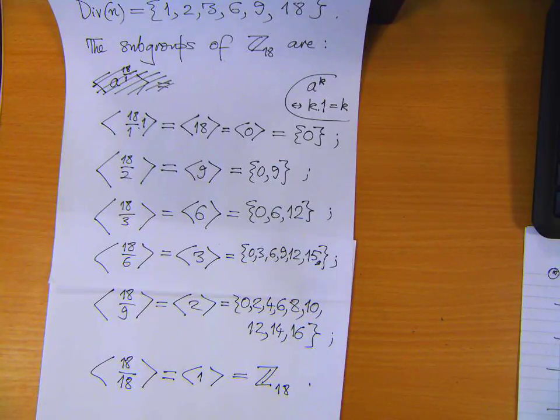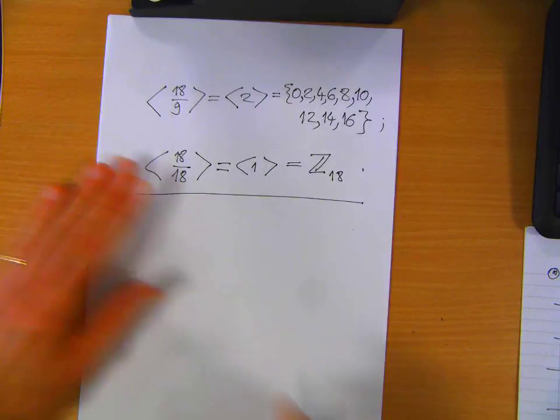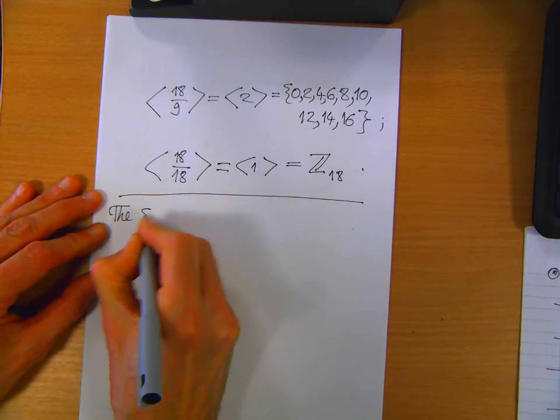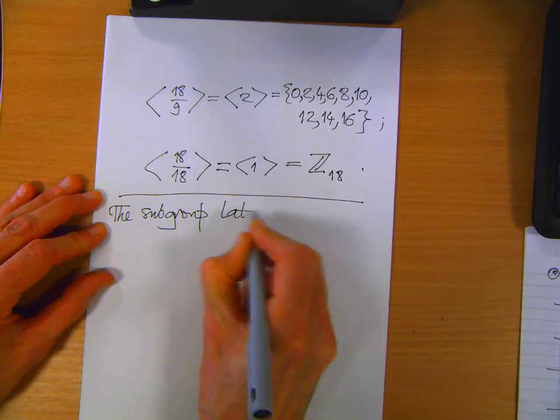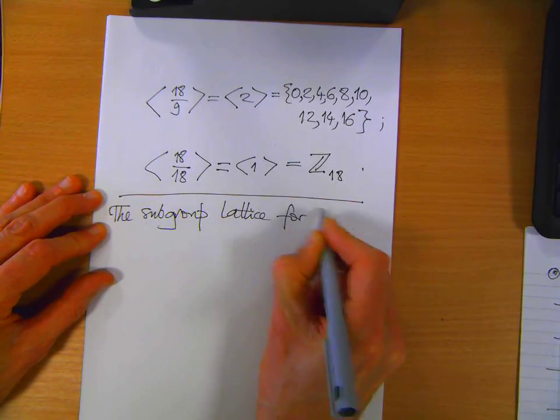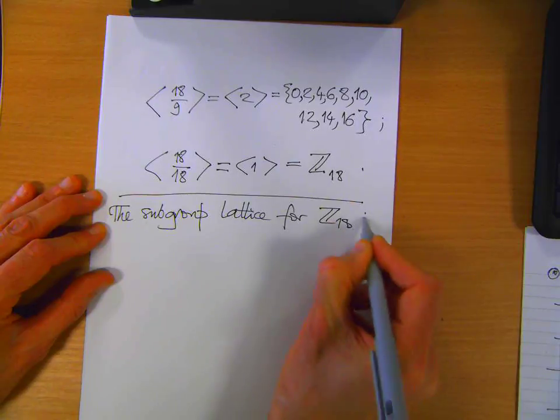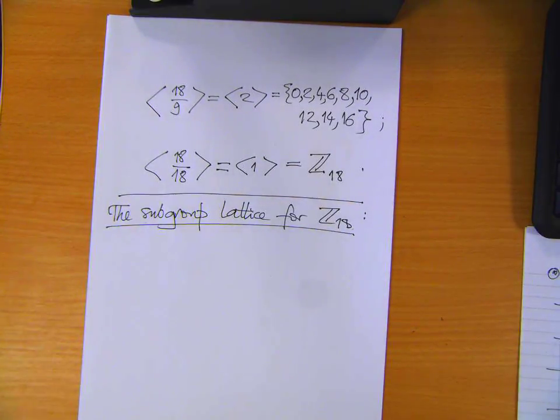And one nice thing to do, as we've done before 2 or 3 times, is to fit these subgroups into a diagram, which is sometimes called the subgroup lattice. So let me try and do that now. So this is the subgroup lattice. This is just a way of organizing all the subgroups.